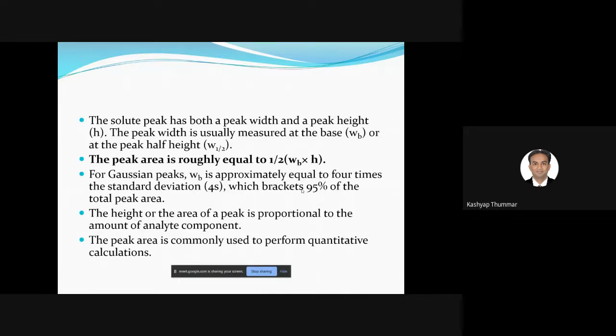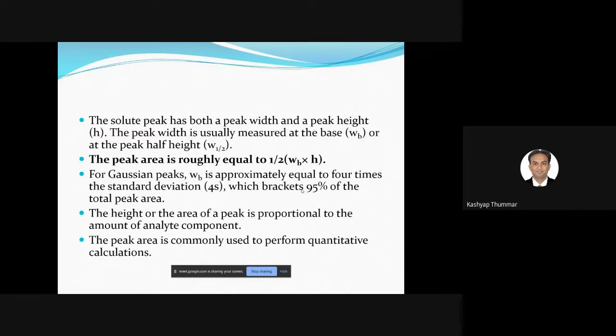The peak width is usually measured at the base, WB, or at the peak half height, that is W1 by 2, and then the peak area. Right now software is there to calculate the peak area.